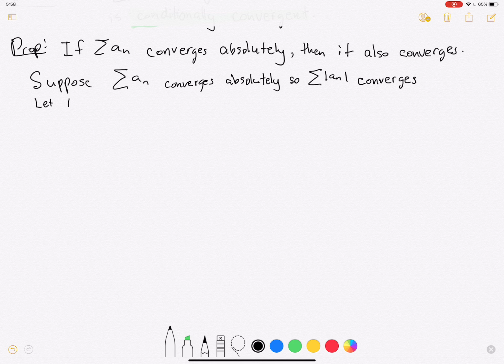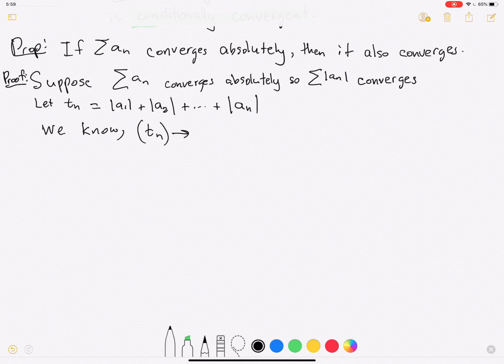Let T_n, I forgot to say this was part of the proof, equal the partial sum of the absolute values up to n. We know the sequence of T_n's goes to L in R.